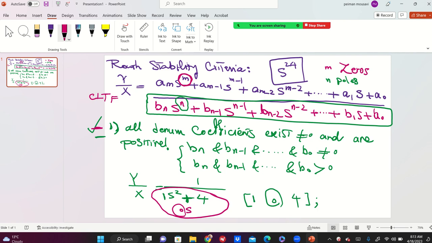So it means your system is good. Understand? Good?